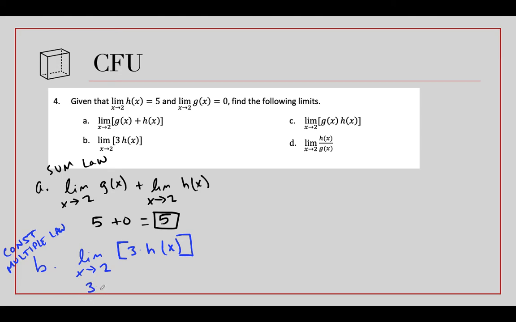So I'd get 3 times the limit as x approaches 2 of h of x. And I know what the limit as x approaches 2 of h of x is, and that's going to be 5. So now I have 3 times 5, which is 15. Excellent.